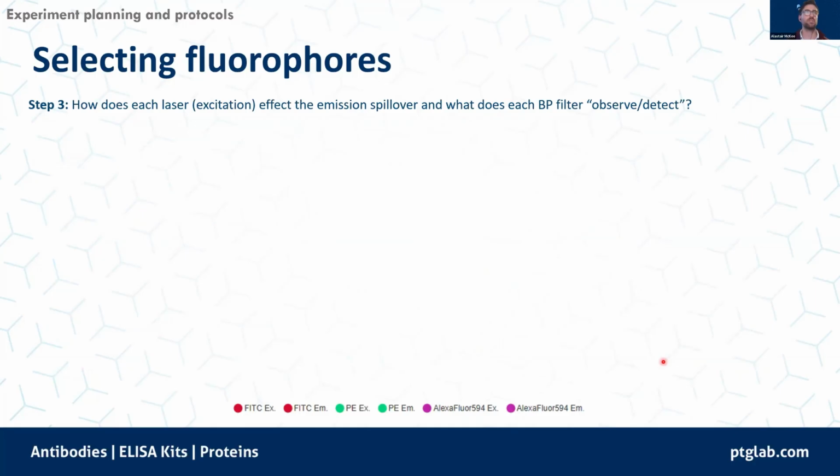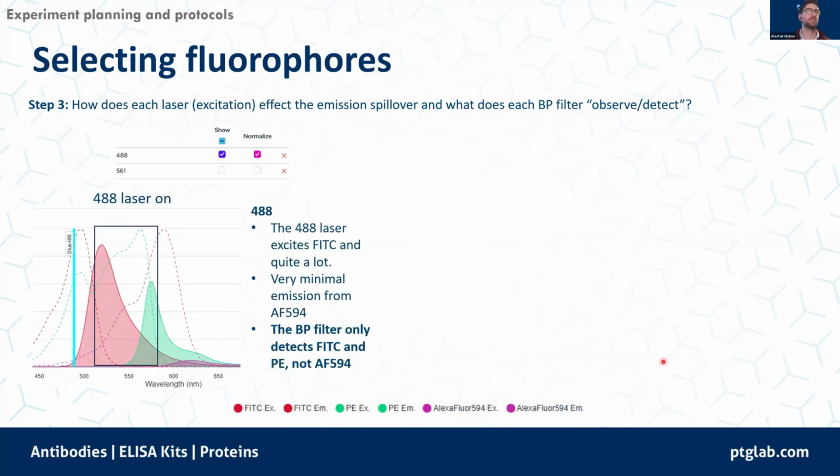However, with the spectral viewers, you can actually view what that spectral profile is doing based on the interaction with a particular laser. In this case, we're turning on the blue laser, and we can see that the blue laser is interacting with two excitation peaks. It's maximally exciting FcZero, which is fantastic.